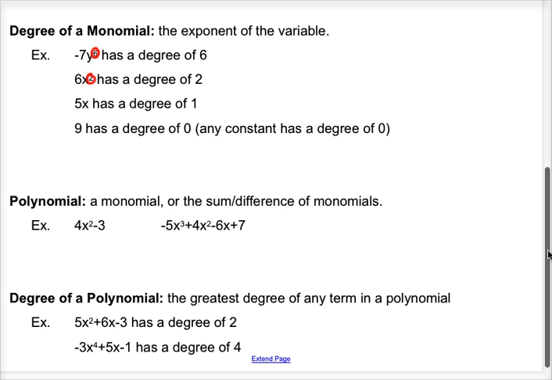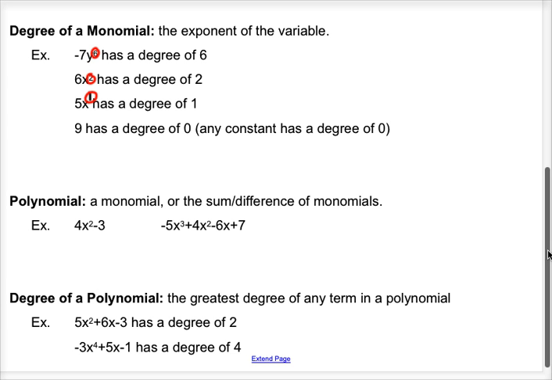Now that 5x, we say it has a degree of 1 because we know whenever there's no exponent, secretly it is a 1 there. And we say that any constant has a degree of 0. Okay, 0 because the variable's not even there. All right. So again, when referencing degree, that's what we're talking about. We're talking about the exponents that you see, or in the case of degree 1 and 0, of what you don't see.